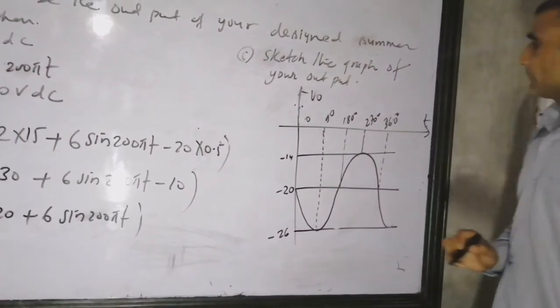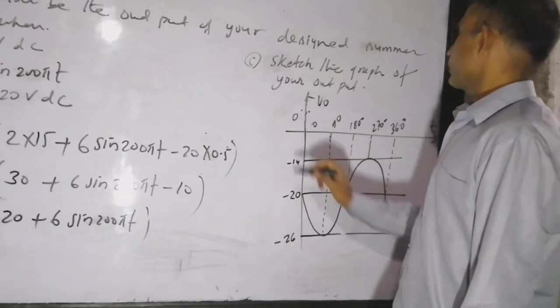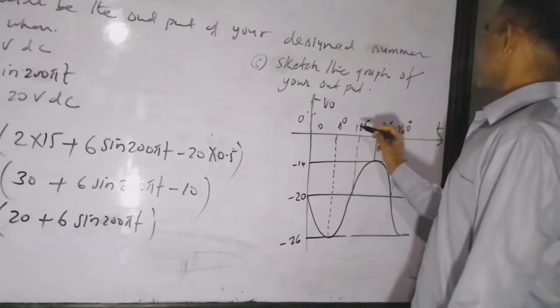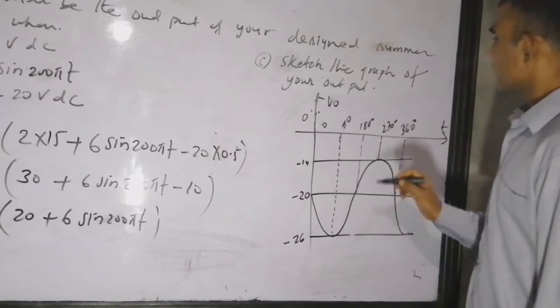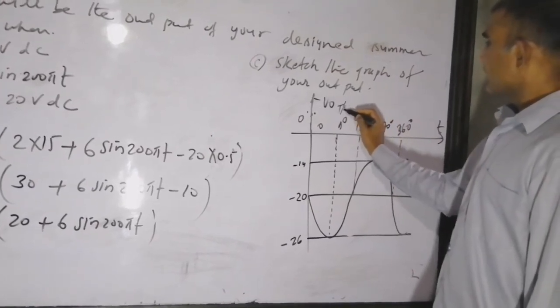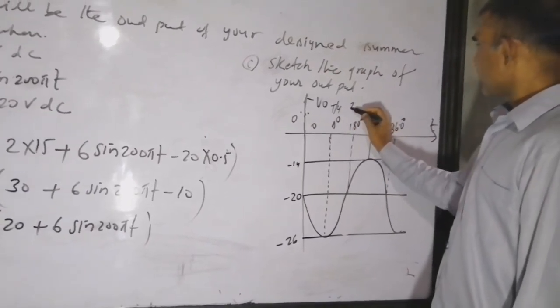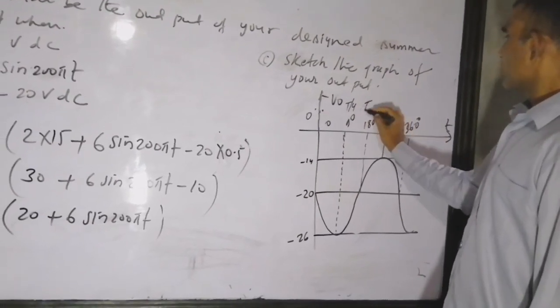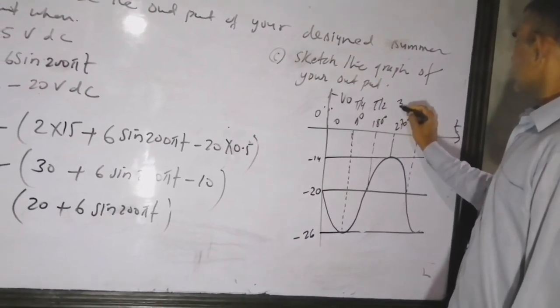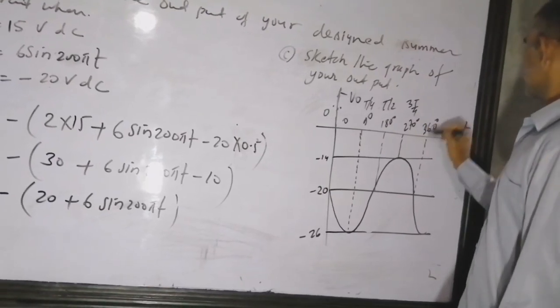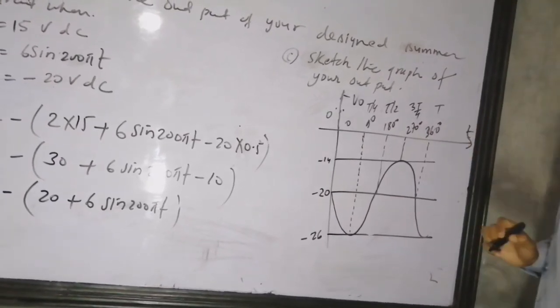I wrote this in terms of phase; in terms of time period, 90 degree is T by 4, 180 degree is T by 2, this is 3T by 4, and this is the complete time period.